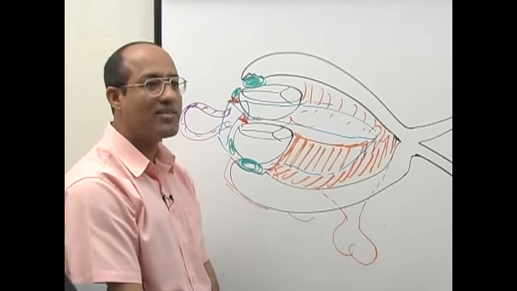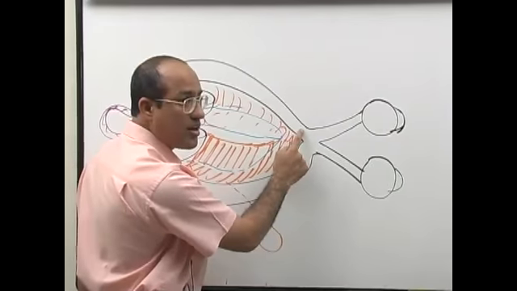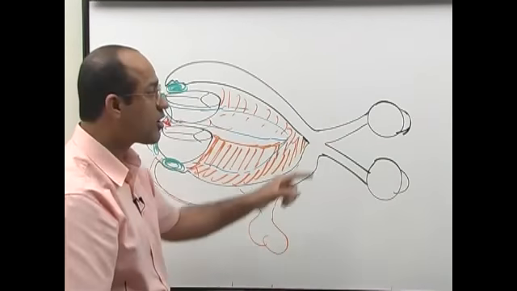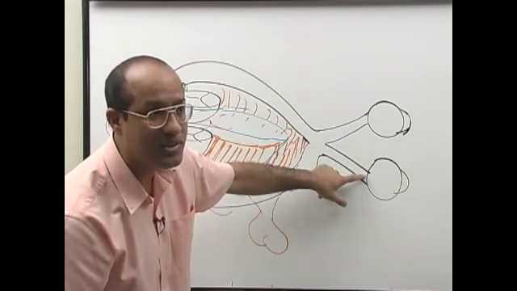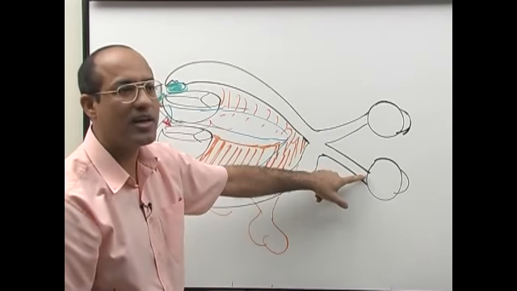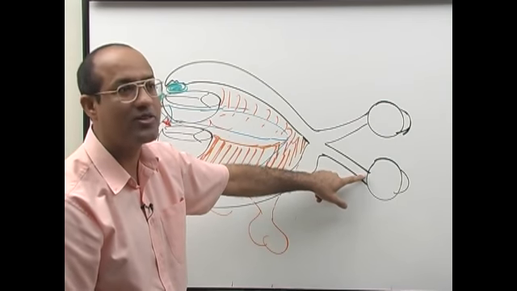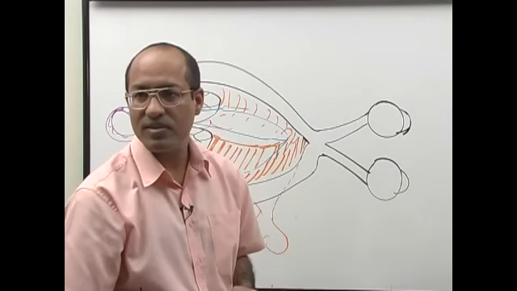Even you will not believe that optic nerves are actually derivatives of diencephalon. Optic nerves are not true nerves. These are not true peripheral nerves. Optic nerves are part of central nervous system. Optic nerves are different from sciatic nerve and femoral nerves and other nerves.